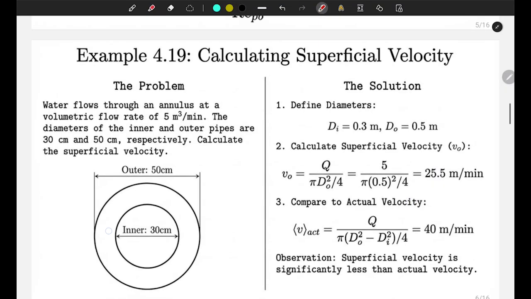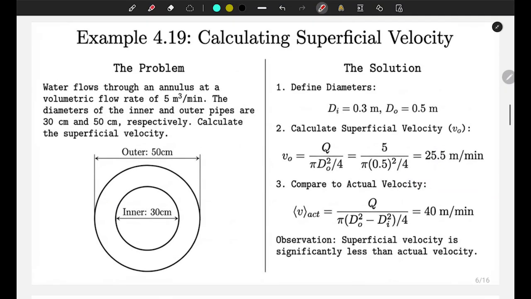Now the numerical. The problem is on annular flow, in which water flows with a volumetric flow rate of 5 meter cube per minute, and the diameters of the inner and outer pipes are 30 and 50 centimeters respectively. We have to calculate the superficial velocity.